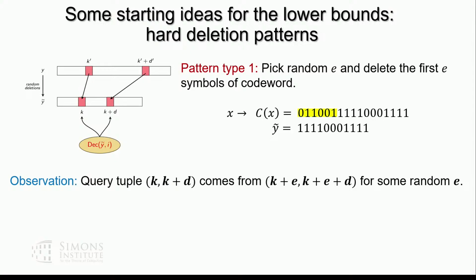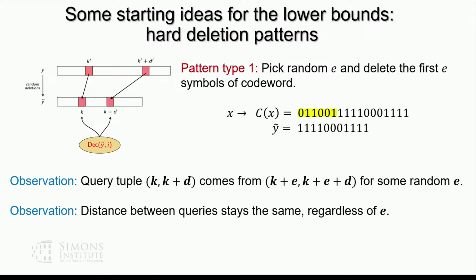For this particular error pattern, if I query the tuple K and K plus D, it should have come from a tuple upstairs, in the uncorrupted codeword, of the form K plus E and K plus E plus D. So the observation here is that the distance between queries stays the same.